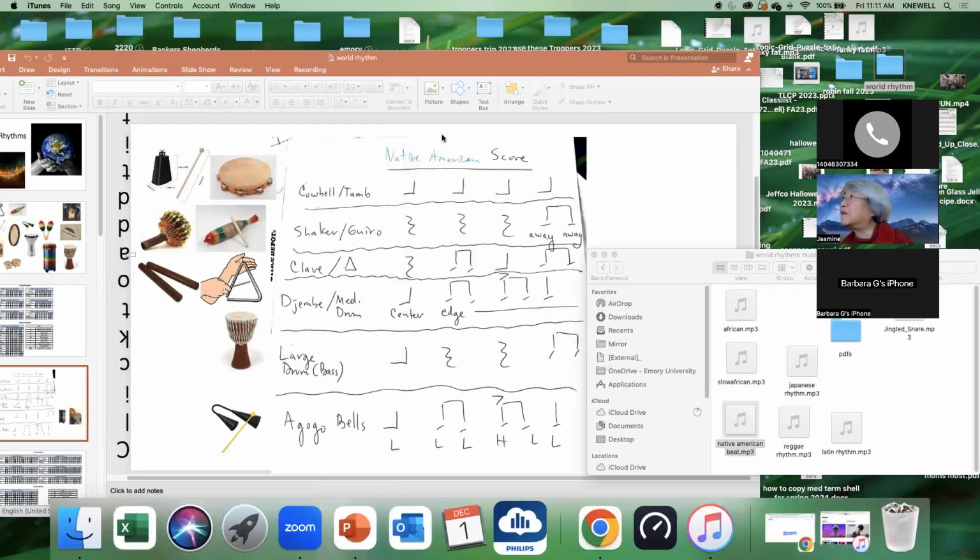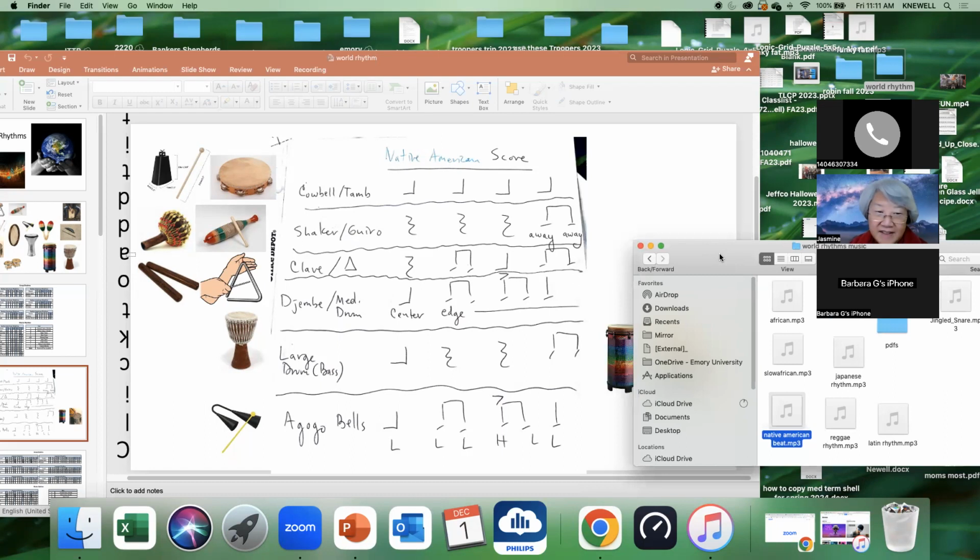Last one is our agogo bells. Let's see if I can get my screen to point sort of in the direction. I hope you can see them. They're right here. You'll notice that on the agogo bells, one is lower pitched and one is higher pitched. So this one's lower, this one's higher, okay?